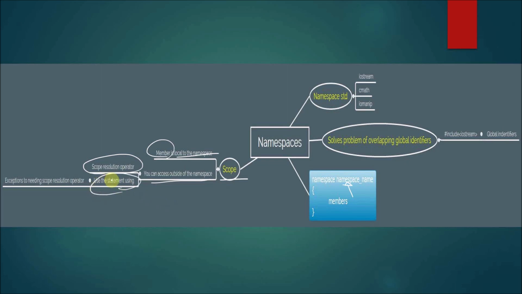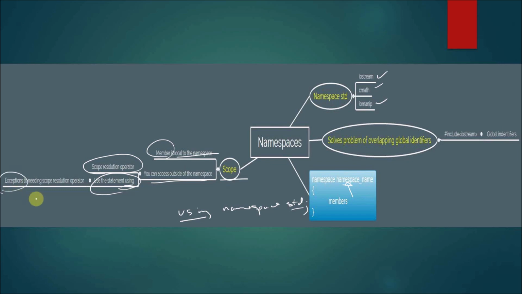We've been doing it this entire time in all our programs. Okay, we use the statement using, and then we said namespace standard to access the global identifiers in the header files that we've been used to using, such as iostream, cmath, and iomanip.